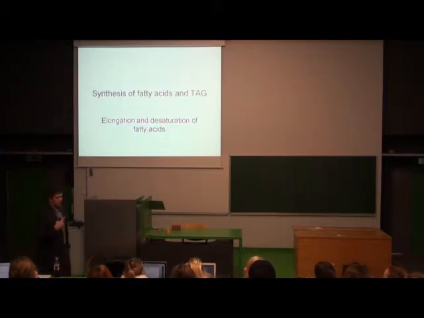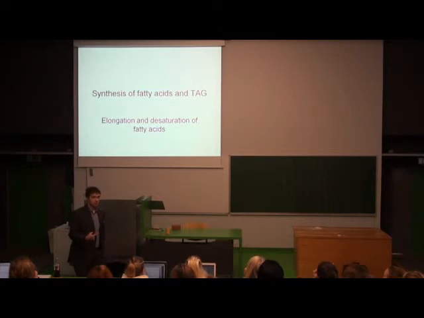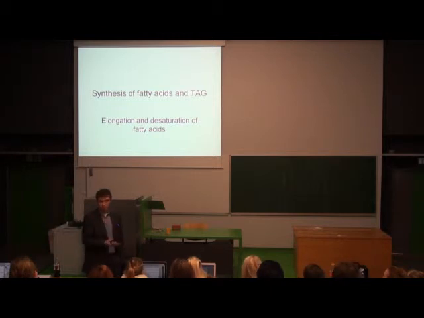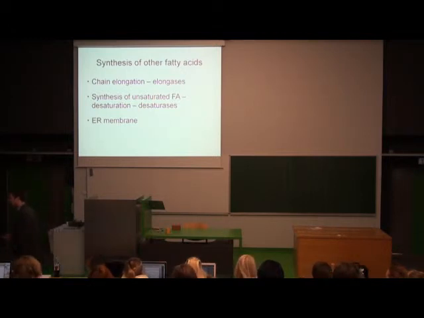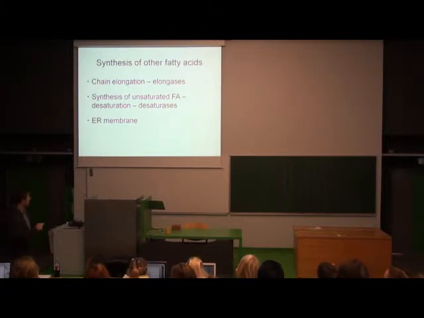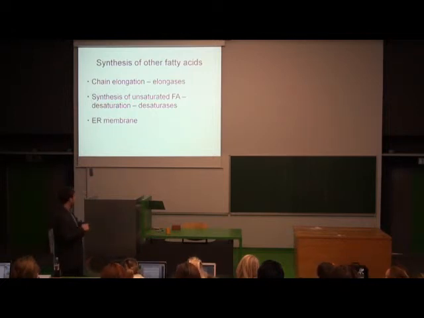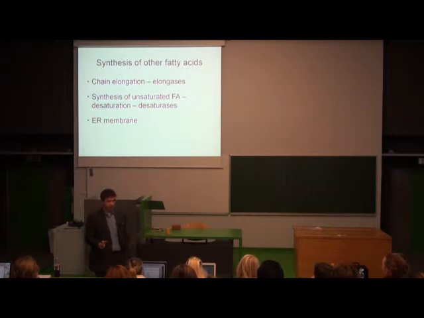In our body, we have many other fatty acids, not only palmitate. We have fatty acids that are longer. We have fatty acids that have double bonds. So how to produce them? The process of how to produce a double bond or how to prolong the chain is quite complicated, yes? These processes aren't localized in the cytosol. They are localized on the membranes of the smooth endoplasmic reticulum.